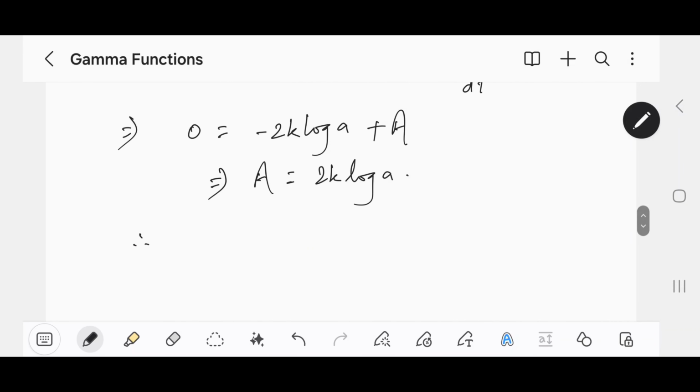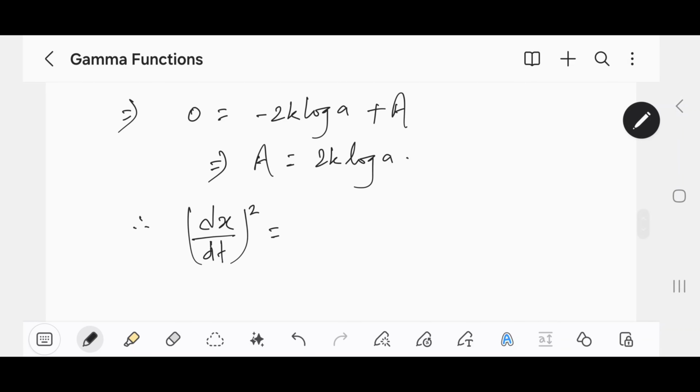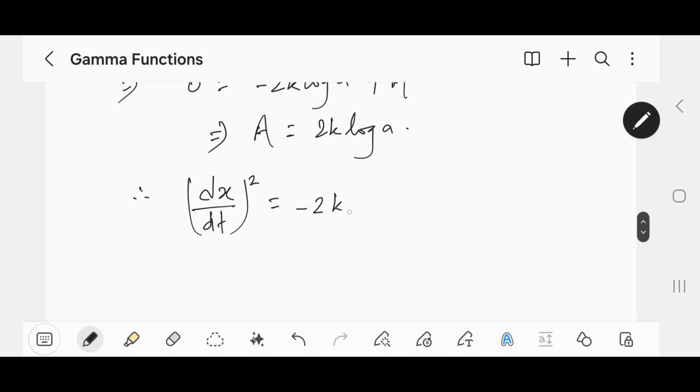Therefore, now we know (dx by dt) square equals minus 2k log x plus 2k log a, which is 2k times log a minus log x.